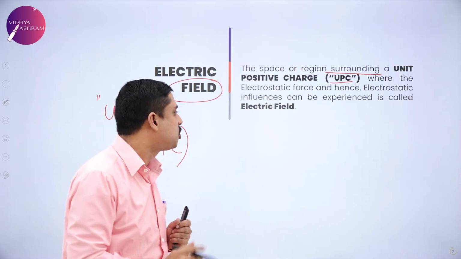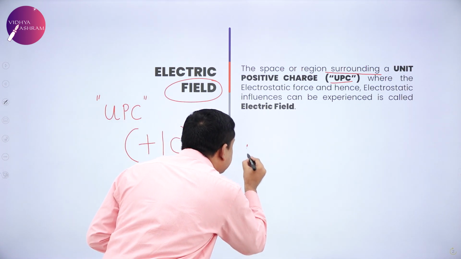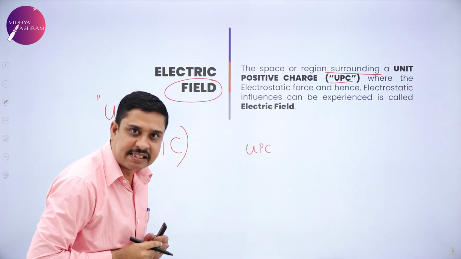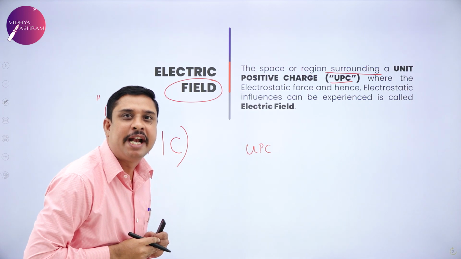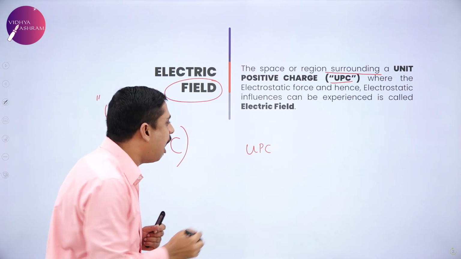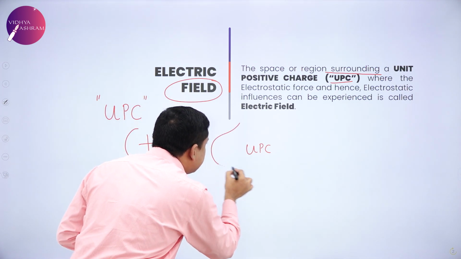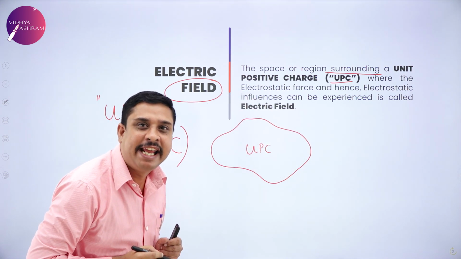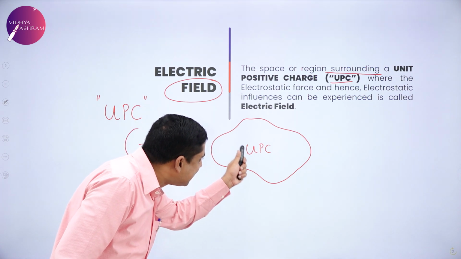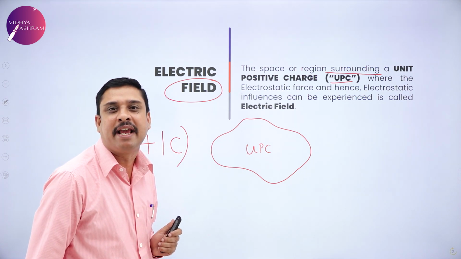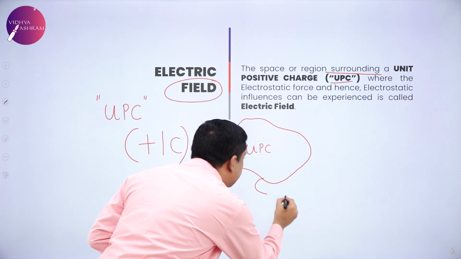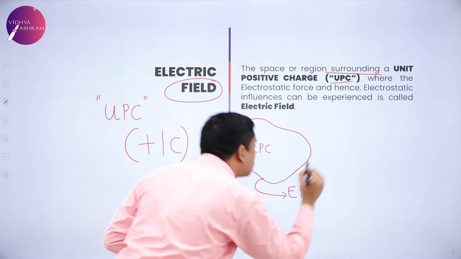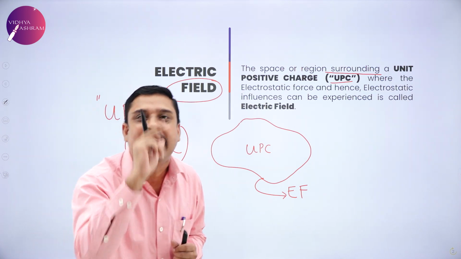Suppose I call this UPC, unit positive charge, there is some space or some region which surrounds this UPC, and we say this space or region is called electric field.